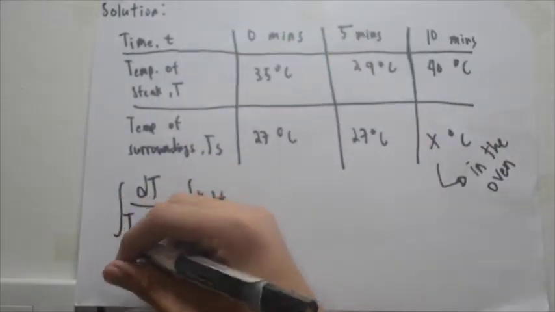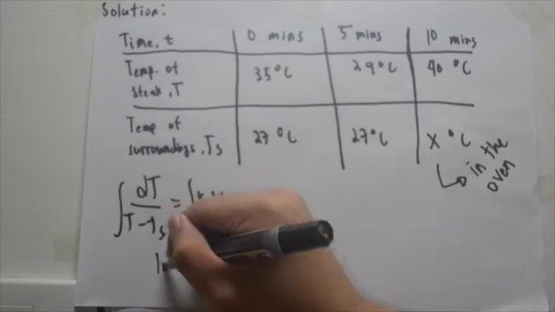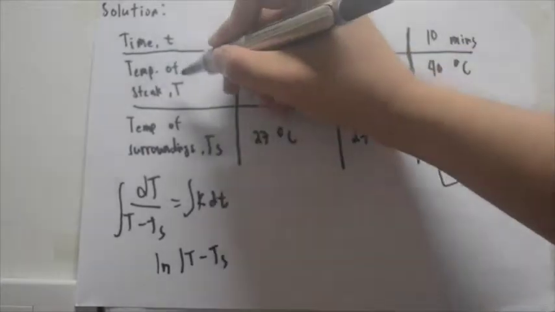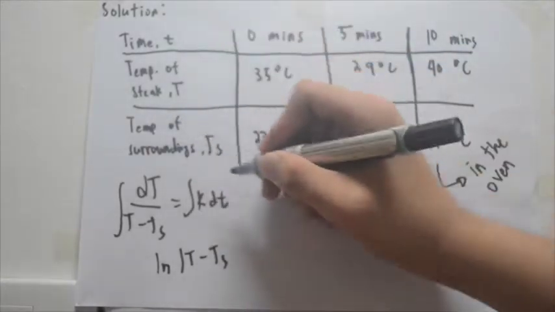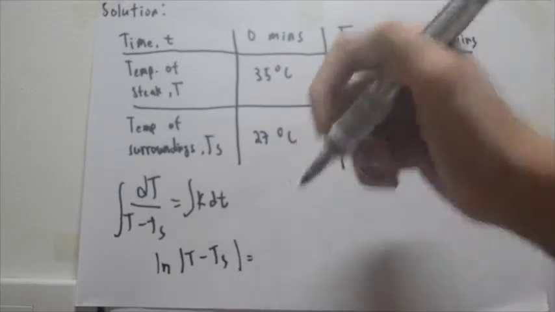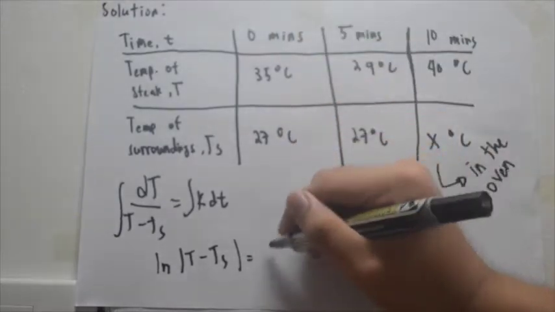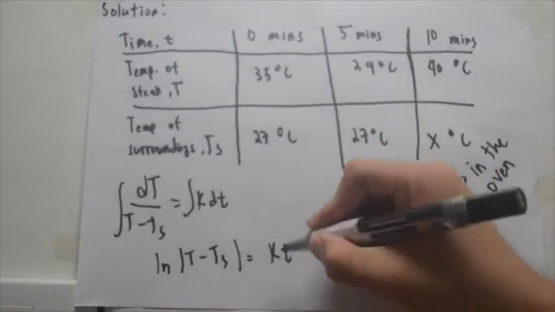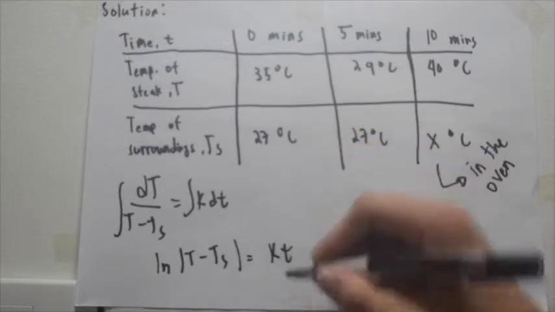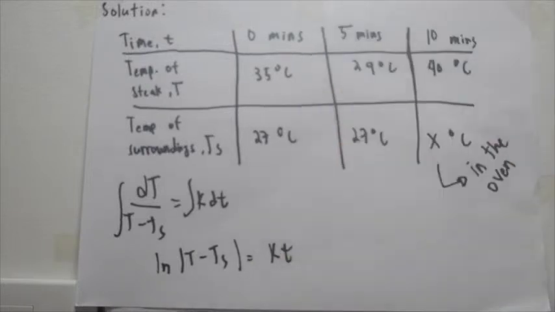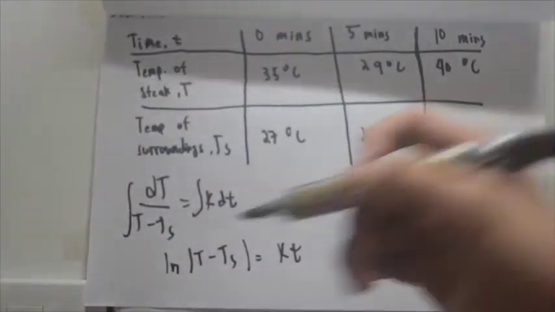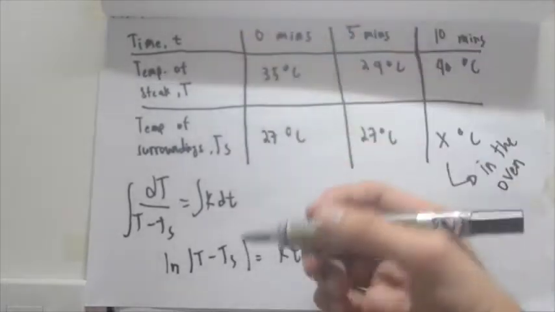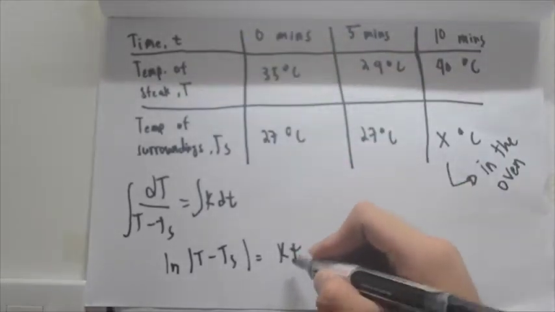So it will be ln of T minus Ts, T which is the temperature of the steak, and Ts which is the temperature of the surroundings, is equal to kt, which is k, the constant, and t is the time. We are given T, we are given Ts, and we are given t. So we need to find the constant of integration, which is k.